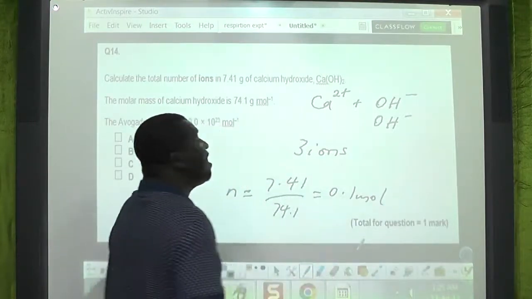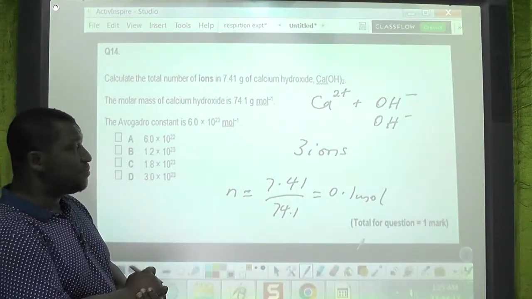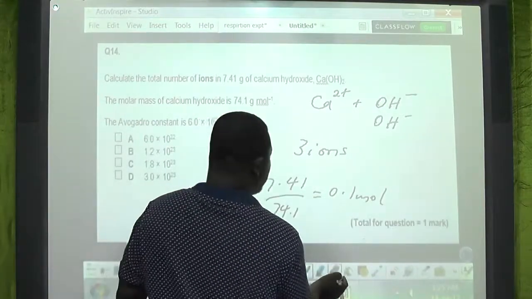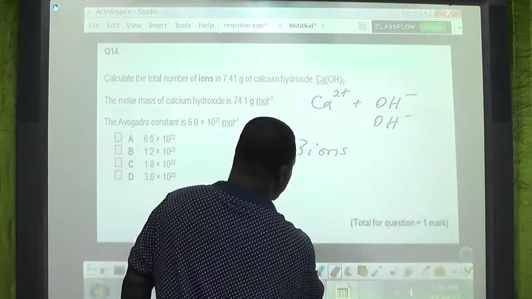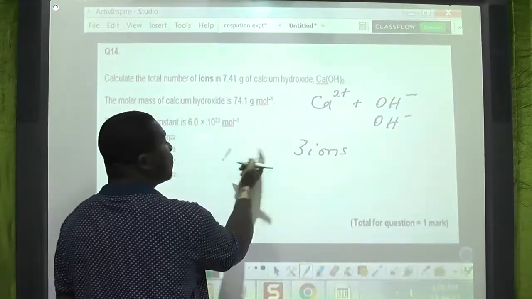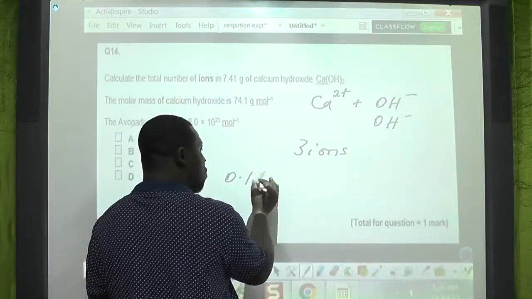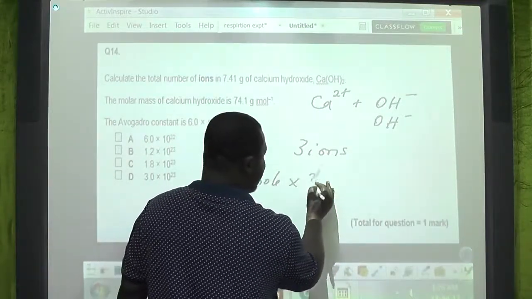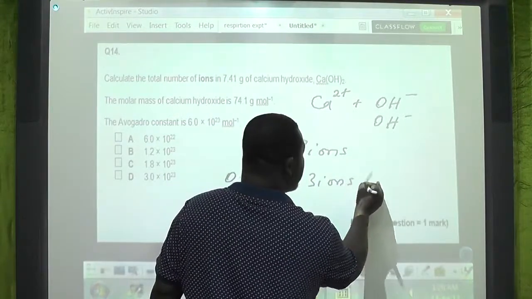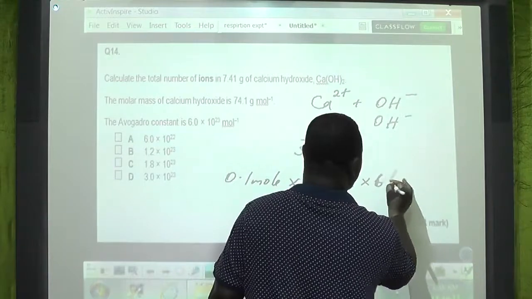If we have 0.1 mole and we are looking for the number of ions, instead of 1 mole times 3 ions, we say 0.1 mole times 3 ions multiplied by Avogadro's number, 6 times 10 to the power 23.